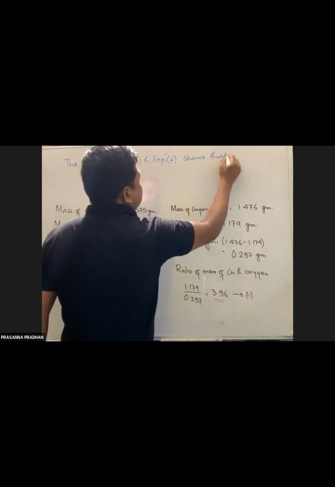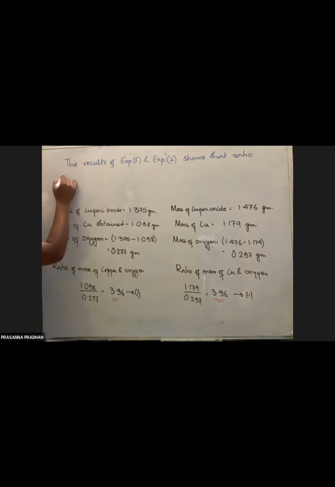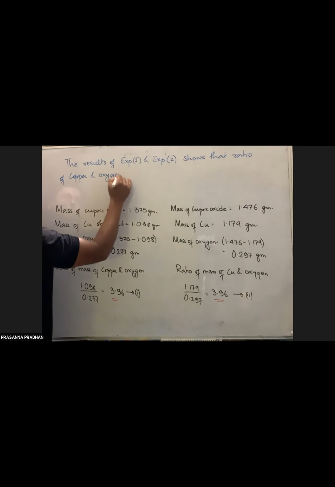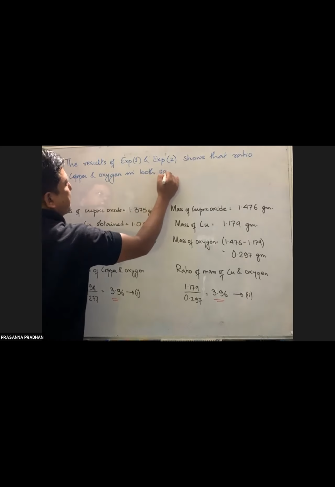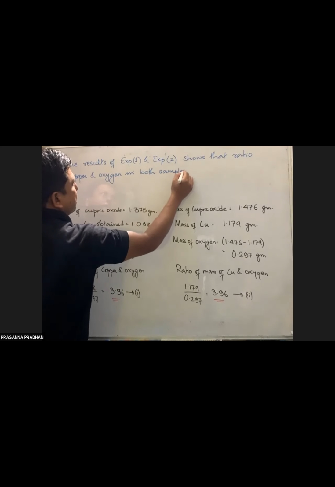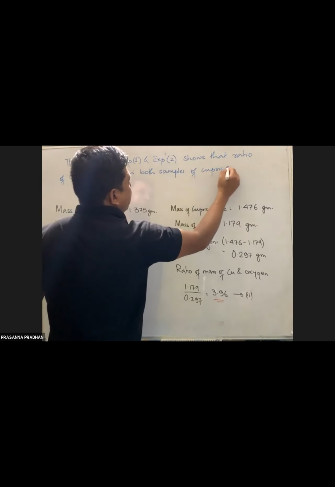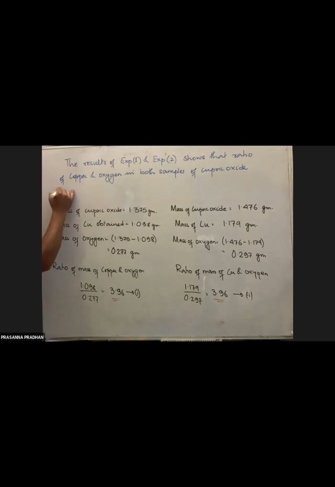the ratio of copper and oxygen in both the samples of cupric oxide are what?